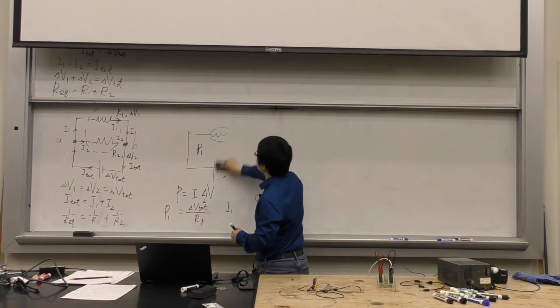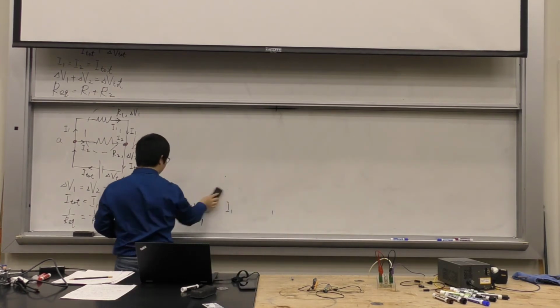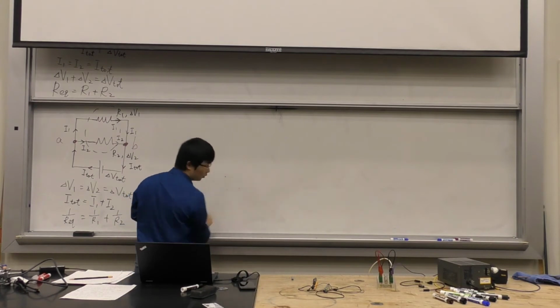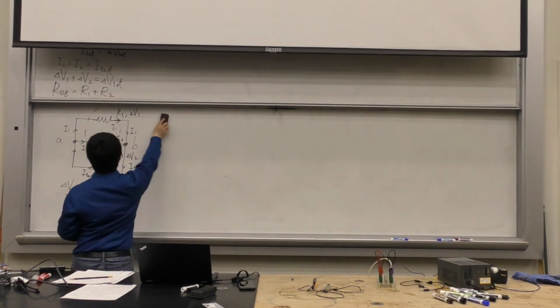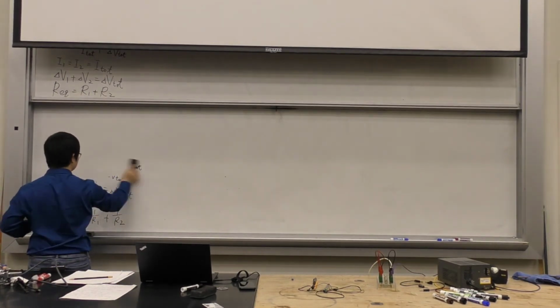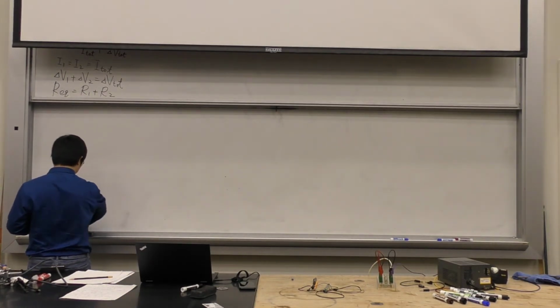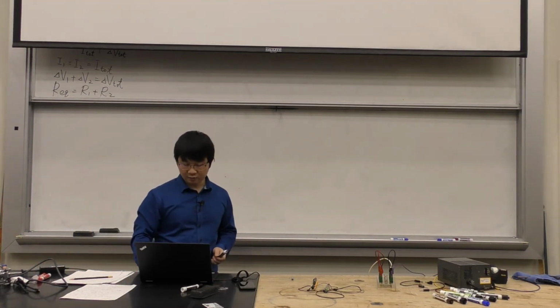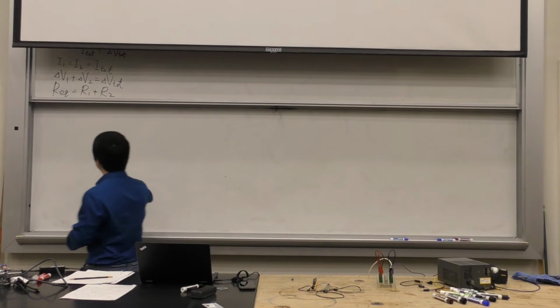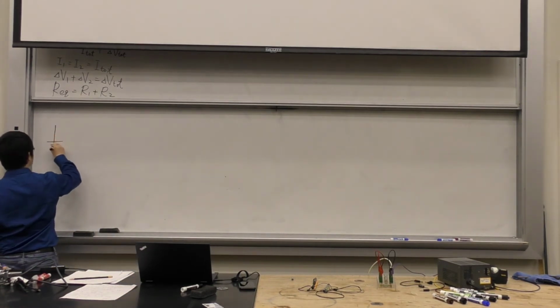So let's take a look at the circuit on slide 10. That's the circuit we want to simplify. Now I want to find the current through the battery, right? So let's first draw it. I'm going to draw it out. So this is 12 volts.